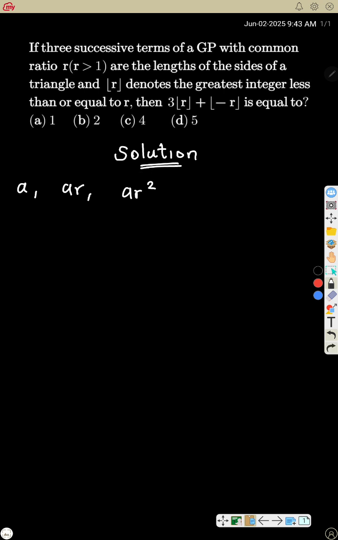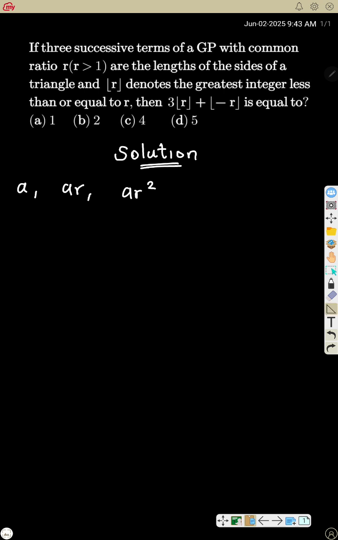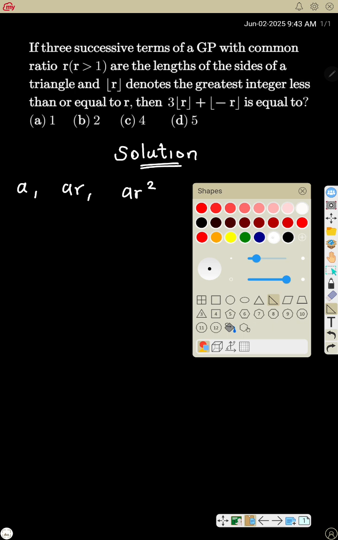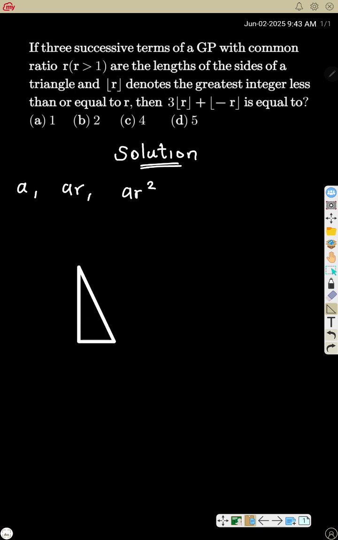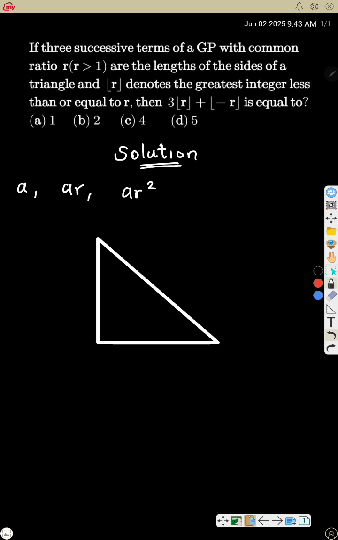So let's say we have a triangle. Let's say we have a triangle now. So call the lengths a, ar, and this is ar square.